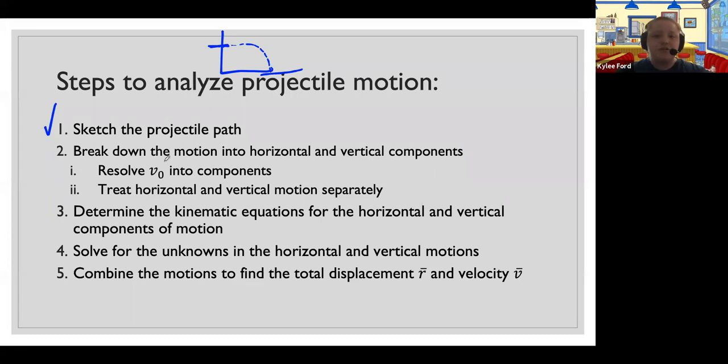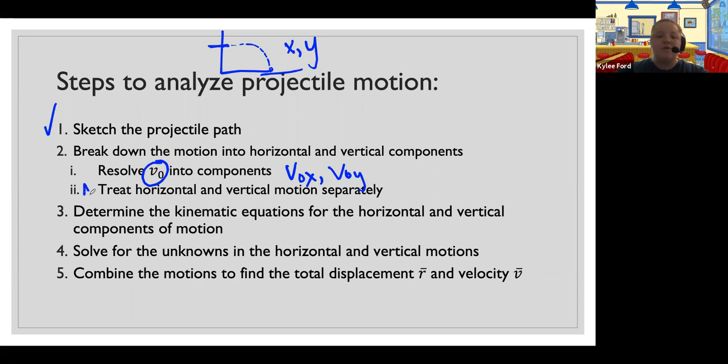I'm going to show you some examples, of course, but just to get you rolling, you want to make sure you're breaking that down into the vertical and horizontal components. I'm going to call them the x and the y components. You can also break your velocity into components. So for your initial velocity, you'll want to put your v naught x and your v naught y. You'll want to get those out.